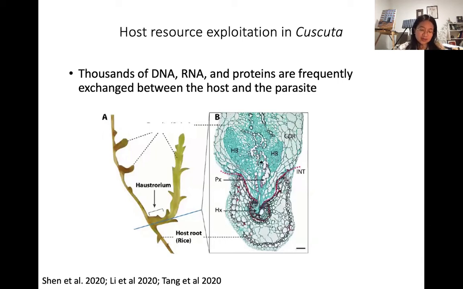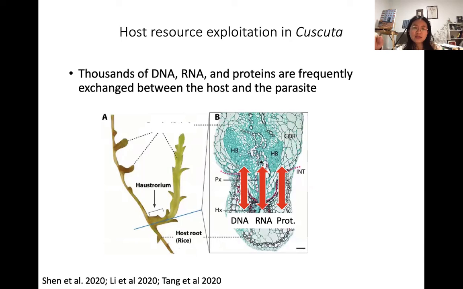Because Cuscuta is very easy to cultivate in a lab, it has been used as a model system to study plant parasitism at the molecular level. One thing we learned about Cuscuta and its relationship with the host is that DNA, RNA, and protein molecules are frequently exchanged between the host and the parasite in the haustorium.